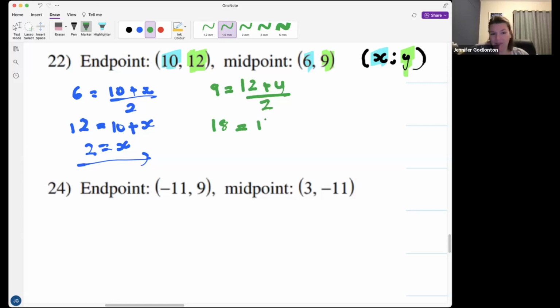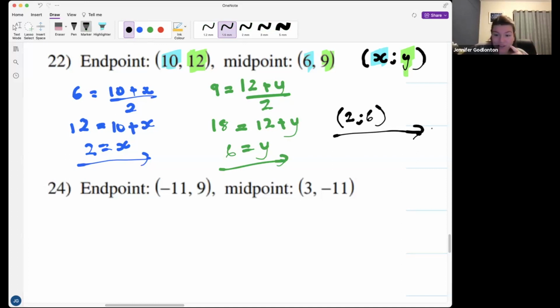So 18 equals 12 plus y, which means y is equal to 6. So my coordinates, always be careful. If they ask for the coordinates of the point, you have to give them the coordinates. You can't just leave it as x and y. (2, 6). That's our final answer. That's the golden ticket.